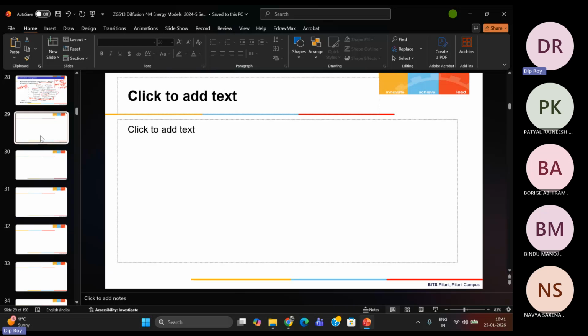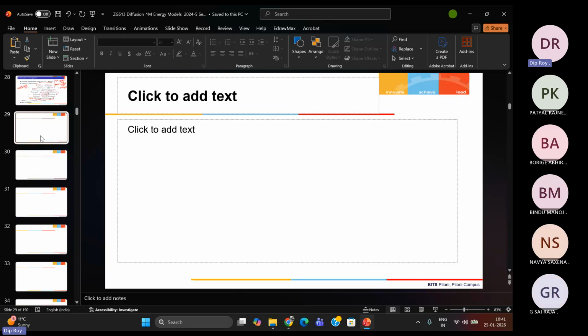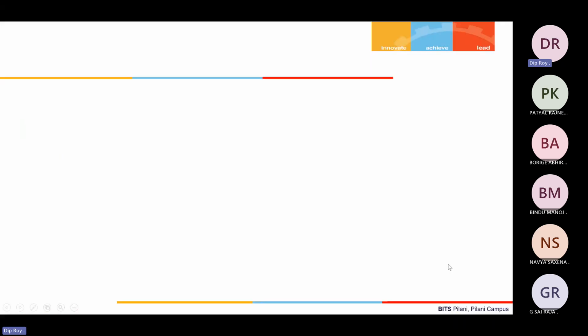But what I would like to do today, before I move any further with this topic, is spend some time on some important concepts in energy-based models, to make sure that you all understand, both intuitively and mathematically, why we need these kinds of energy-based models.